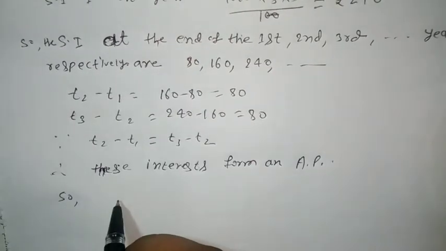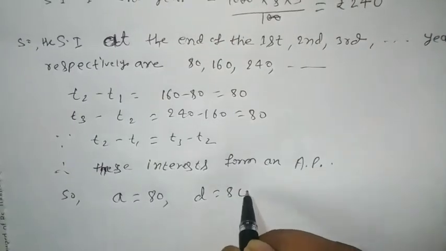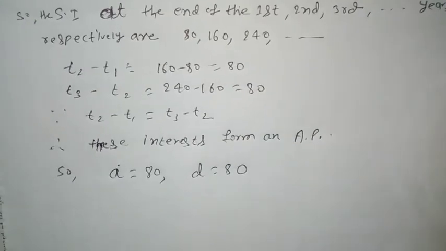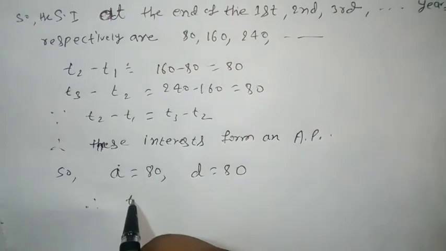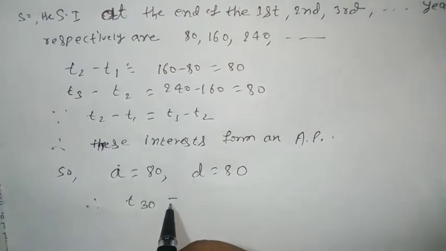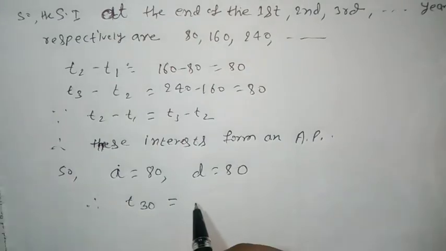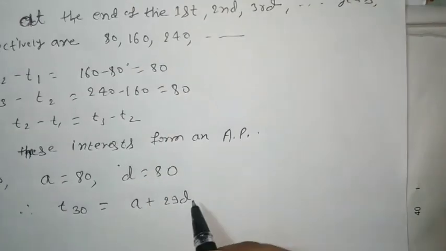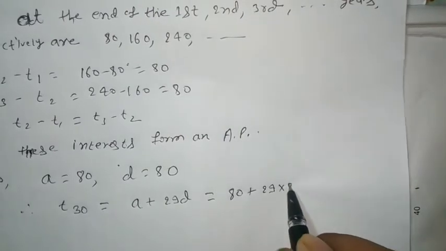So A is equal to 80, D is equal to 80. Therefore, because the question asks to find the interest at the end of 30 years, it means that T30 is equal to A plus 29D, is equal to 80 plus 29 into 80.